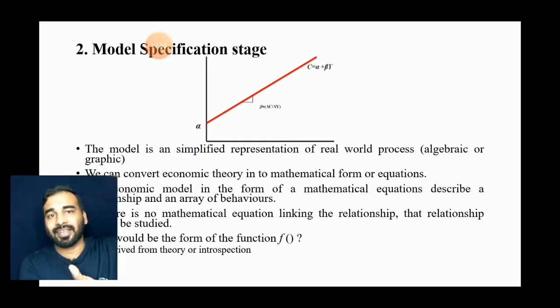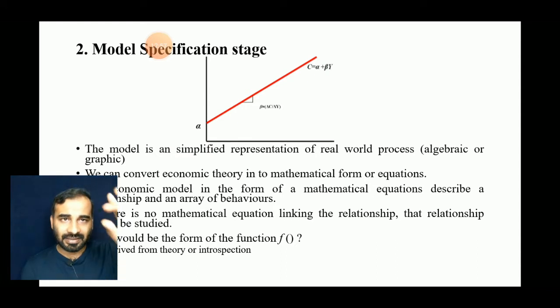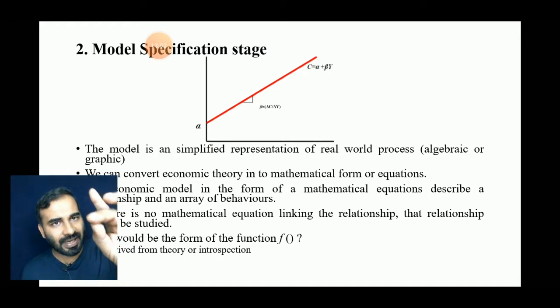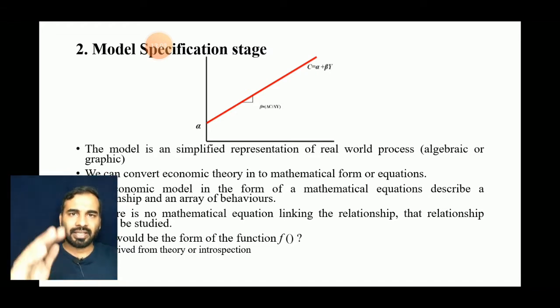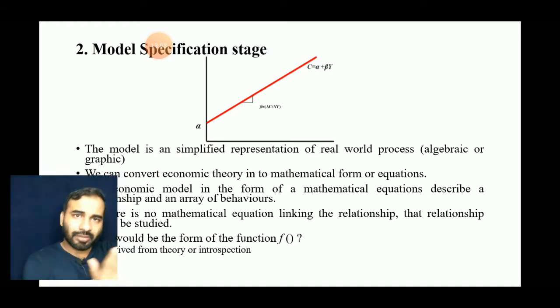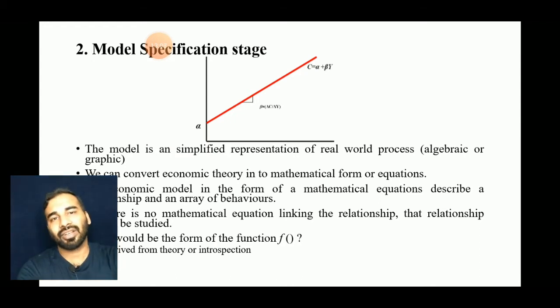This means that the area between the origin and the alpha written in the graph is the amount of autonomous consumption. Then you can see that the graph is not starting from the origin, it is starting from above the origin. Why is it so?